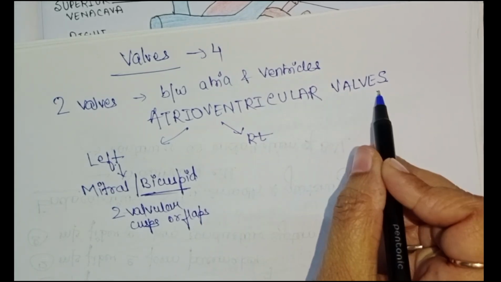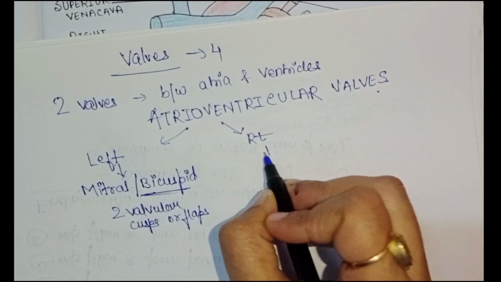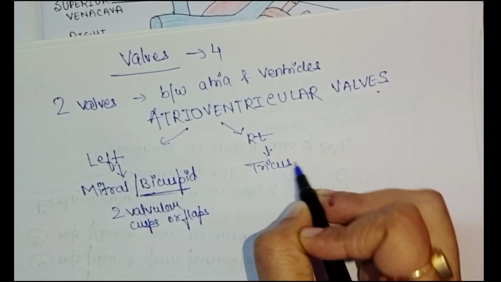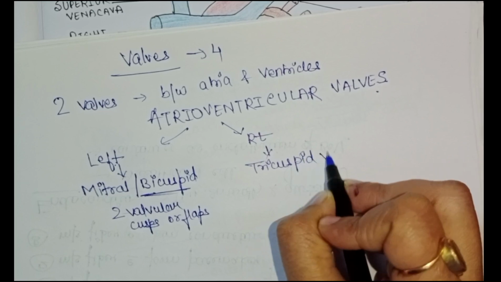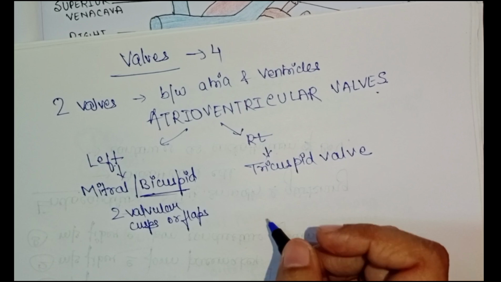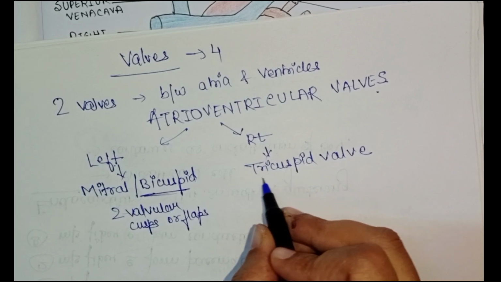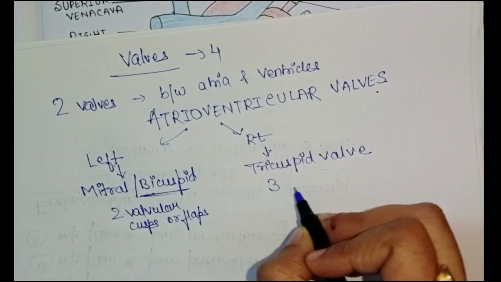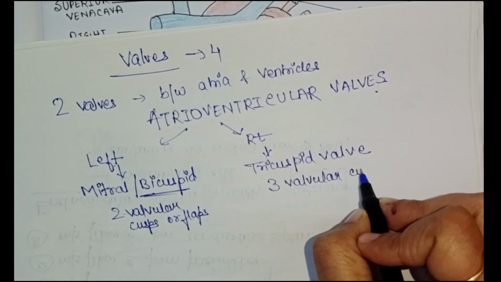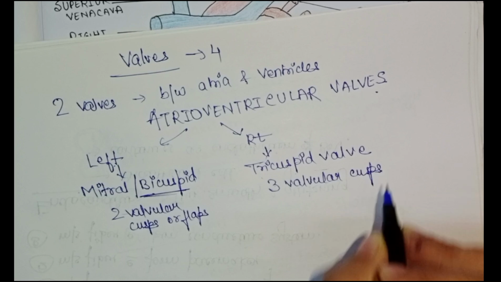Similarly, the right atrioventricular valve is known as the tricuspid valve. It is between the right atrium and right ventricle, and it is called tricuspid because there are 3 valvular cusps.